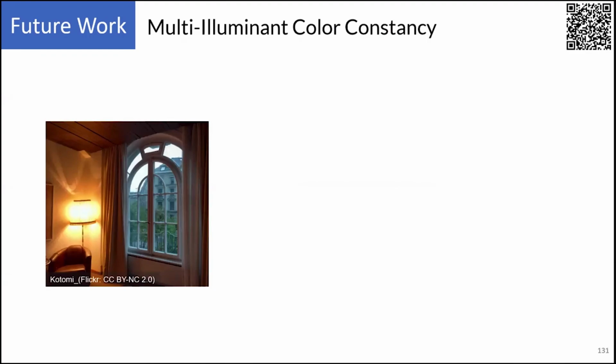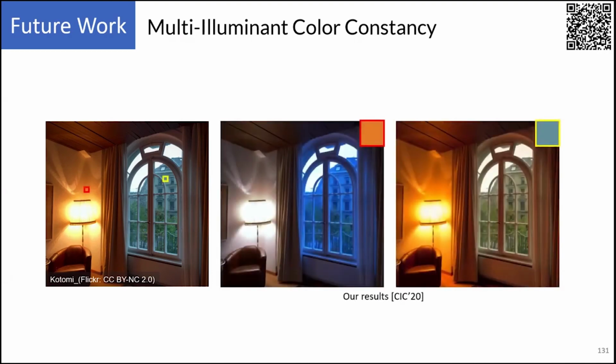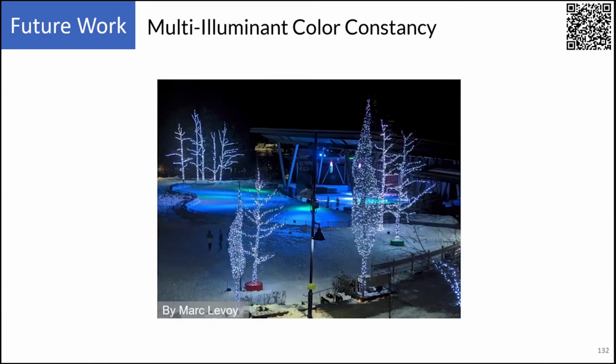Another research direction could include multi-illuminant color constancy. In many scenarios, we have indoor and outdoor lighting in the same scene. We already discussed methods to deal with that in an interactive way in the thesis, but in more complex cases like that, we may need something more interesting that can do the auto white balance procedure per pixel.